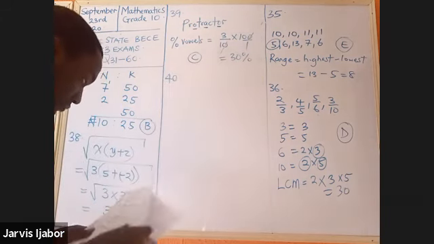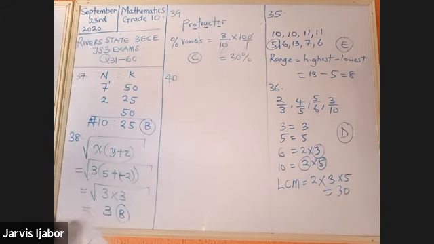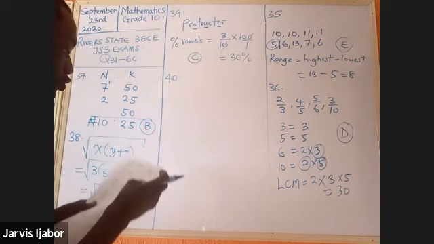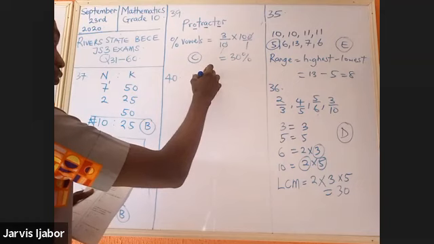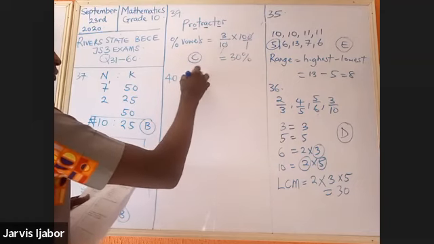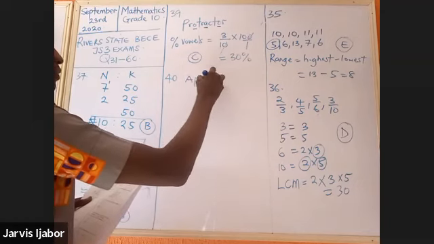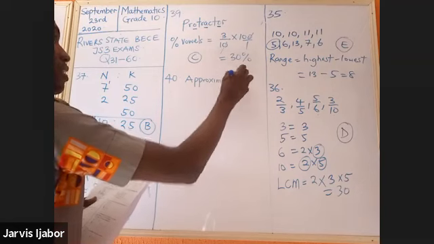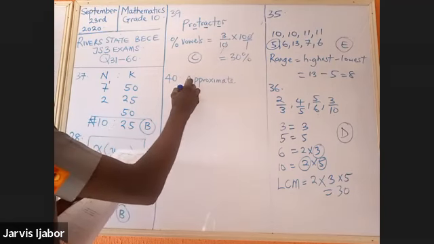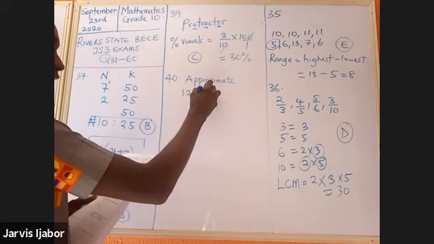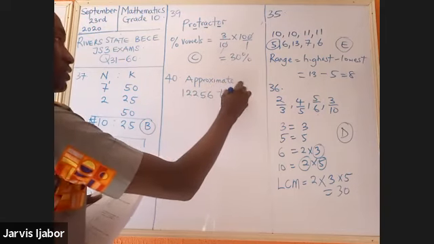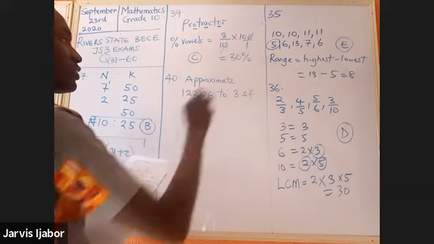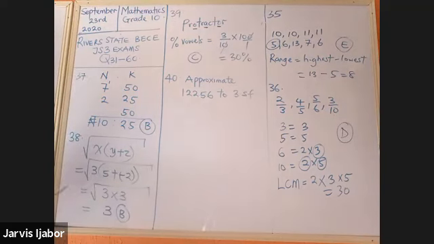Question 40. We are told to approximate 1, 2, 2, 5, 6 to 3 significant figures.